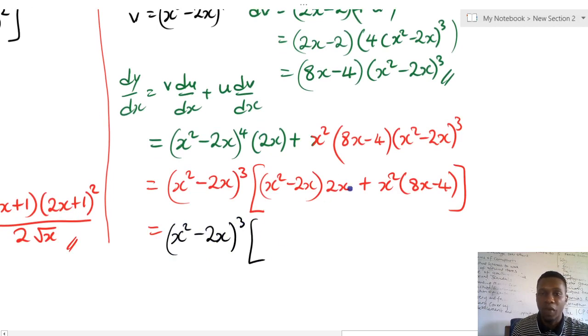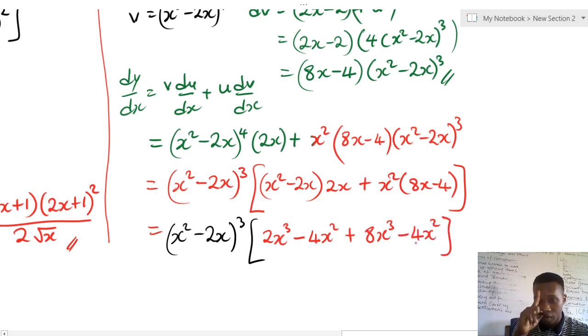So opening this with my 2x, I have it as what? 2x multiplying x squared will give us 2x raised to the power of 3 minus 2x multiplying minus 2x will give us what? 4x squared plus x squared opening this bracket, we have it as x squared multiplying 8x, we have it as 8x raised to the power of 3 minus 4x raised to the power of 2, all closed.